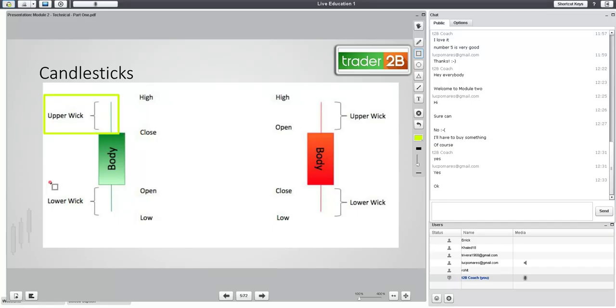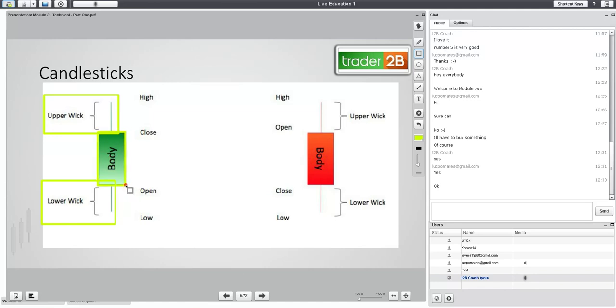You can have an upper wick and a lower wick. The upper wick and the lower wick essentially represent where the price has traded in relation to where it opened and where it closed. The lowest price reached since the opening and the highest price reached since the closing represent the wicks. The body of the candle is where you see the opening price.